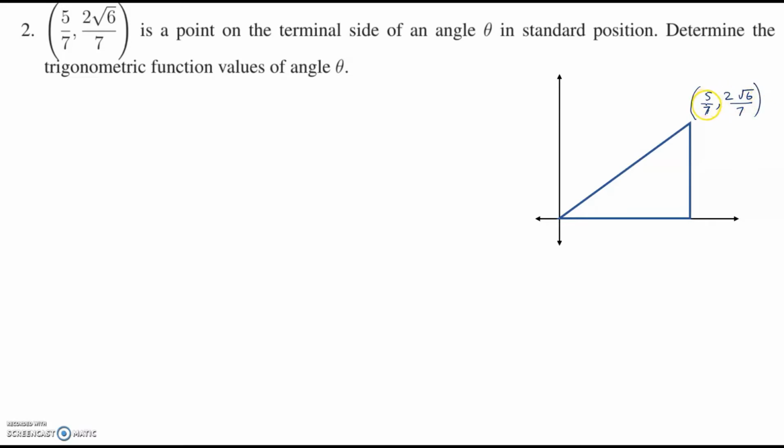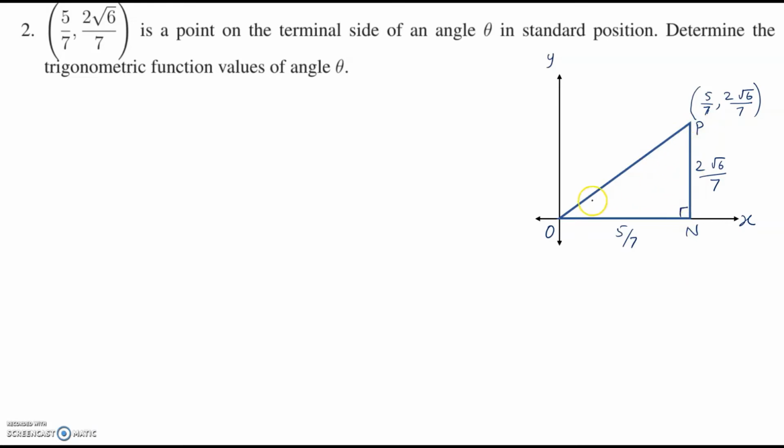So this means that the length here is 5 by 7, which is the x-axis, and the height here on the y-axis is 2 root 6 by 7. Now we can define this as the center O, and this can be a point P, and let's define this point as N, and this will be a right angle.